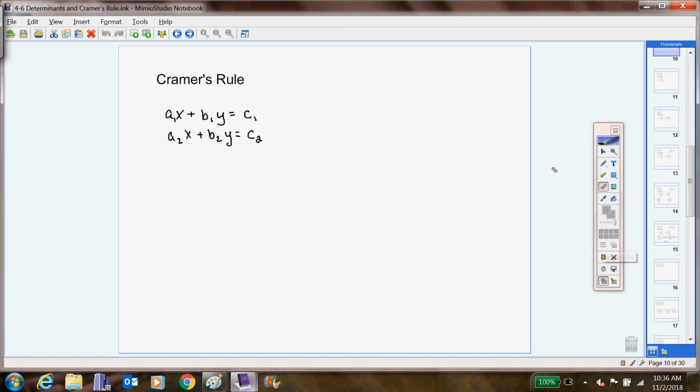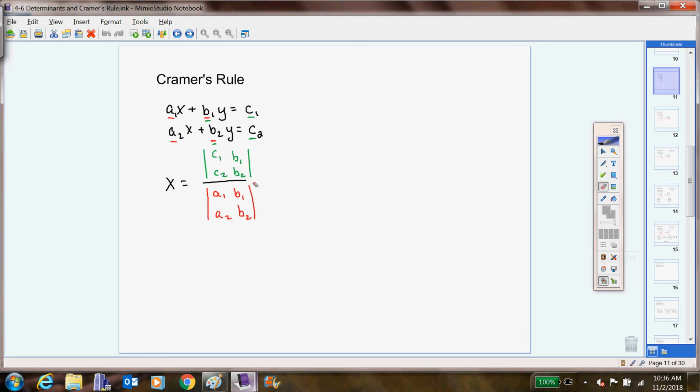in standard form. So Cramer's rule says that if you make matrices out of the coefficients of x and y, that'll become the denominator of your answer to solve for x.